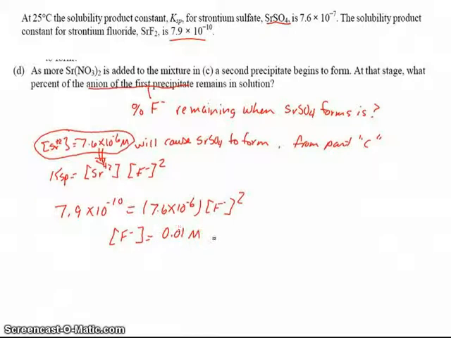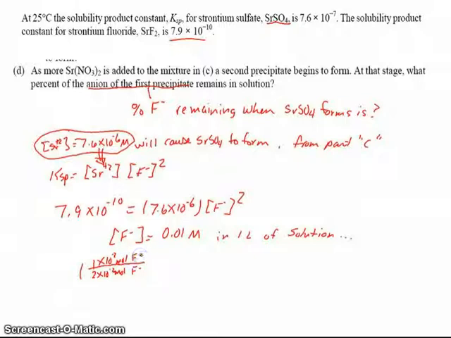And so if we're in 1 liter of solution, that means that I initially had 2 times 10 to the minus 2 moles of F minus. I now have, when strontium sulfate begins to precipitate, 1 times 10 to the minus 2 moles of F minus.